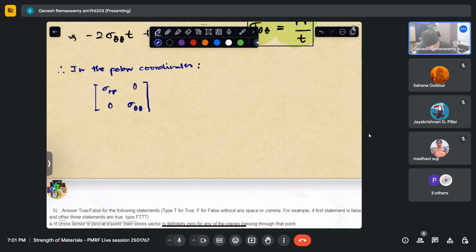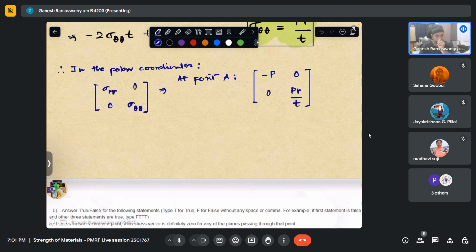These have some value. In fact, why don't I plug in the value also? At point A, my stress tensor in the polar coordinate system is minus P 0 0 PR by T. We have already seen how this has come about.